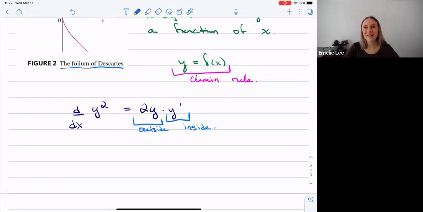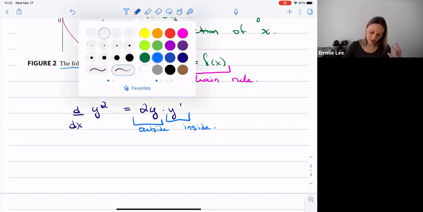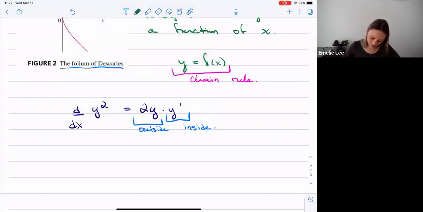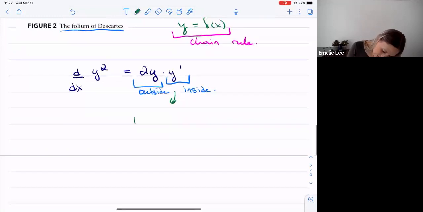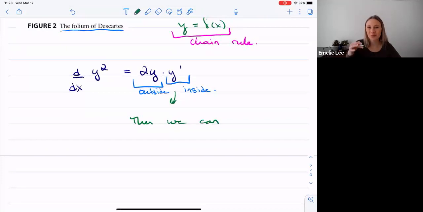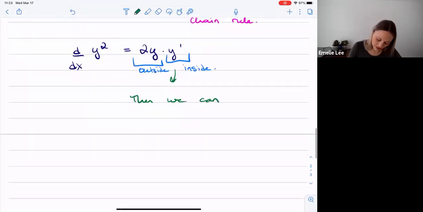Okay. And then if you're trying to find y prime, you can rearrange your equation to solve for y prime, right? I just did a quick silly example, so we'll see it better in a little bit here.